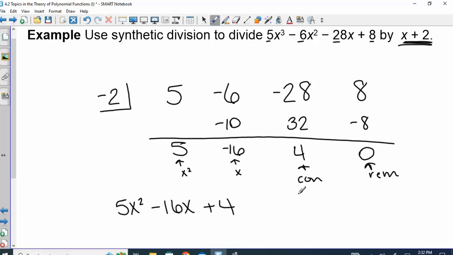If I did have a remainder, like if this had been a 10, you'd say plus 10 over what we were originally dividing by, x plus 2. You just leave it in fraction form. But since our remainder is 0, we wouldn't have it here. This is our quotient. What questions do you guys have right there?